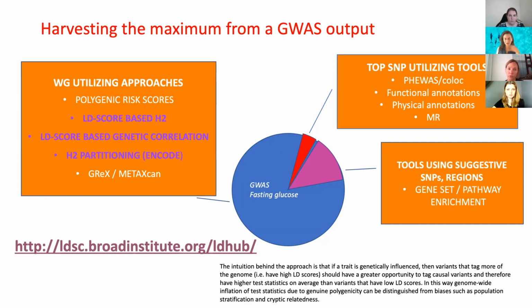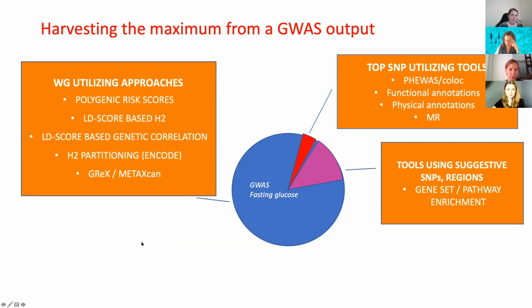Heritability estimation is one part of it. It is quite arguable, because these SNP-based heritabilities are always lower than twin-based or pedigree-based heritabilities, even in the narrow sense. But it still gives an idea of what is possible.